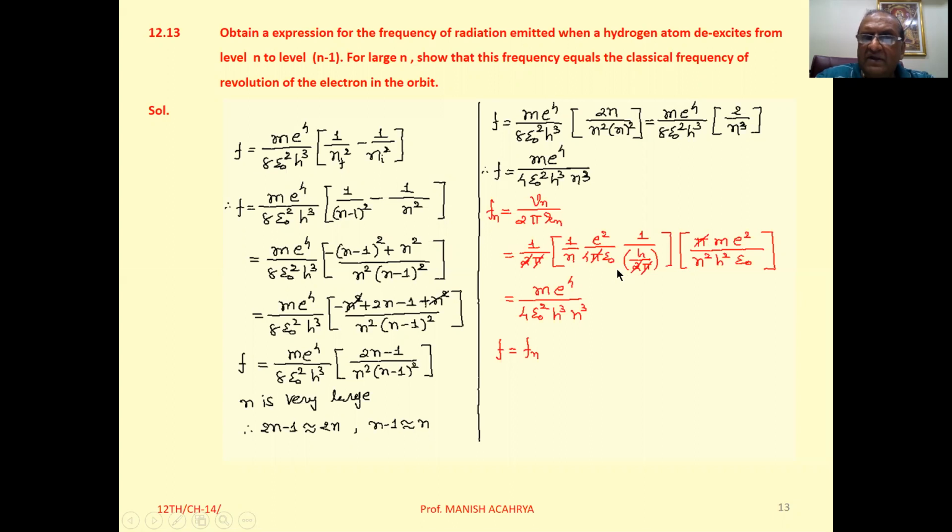Now cancel out which are cancelled. Then finally you will get the frequency equal to me⁴ upon 4 epsilon 0 square h cube n cube. So this particular frequency of revolution of the electron in the nth orbit and this particular calculated frequency for the transition from nth orbit to n minus 1th orbit, both are equal. Clear to all of you?